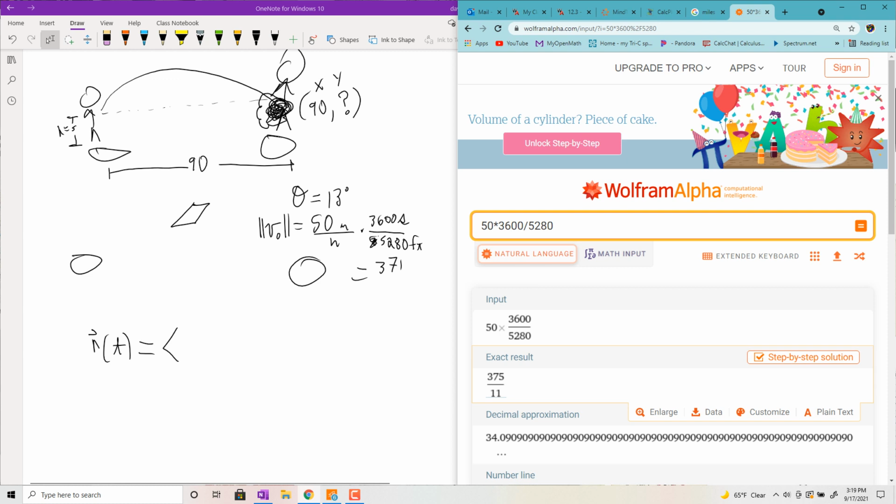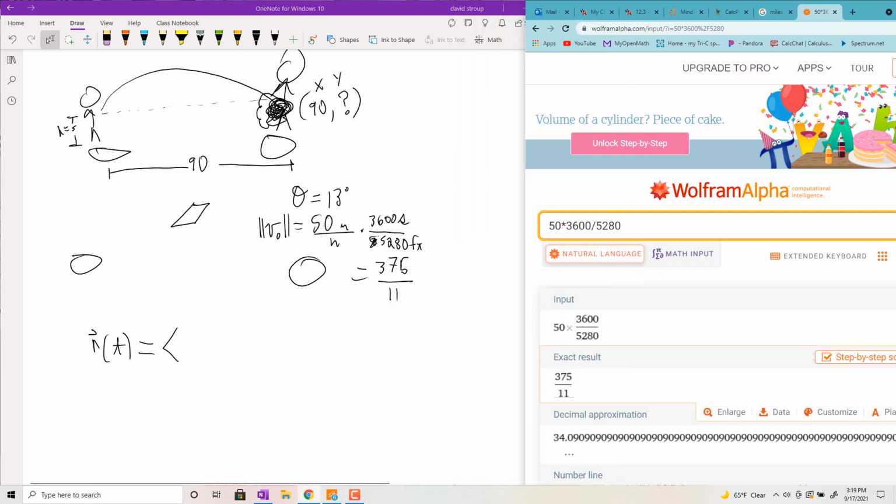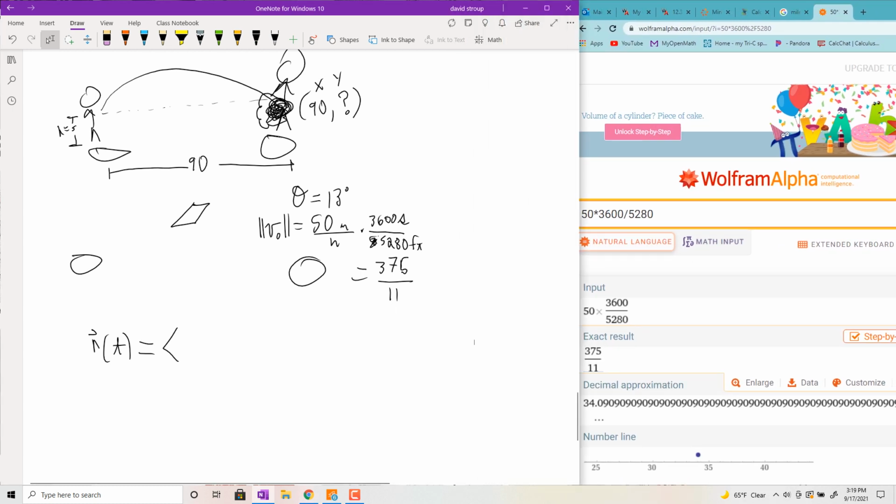371. It's strategically positioned so I can't read as I write. Okay, there's that, 375 over 11 seconds. Do I have it upside down? I do, don't I?